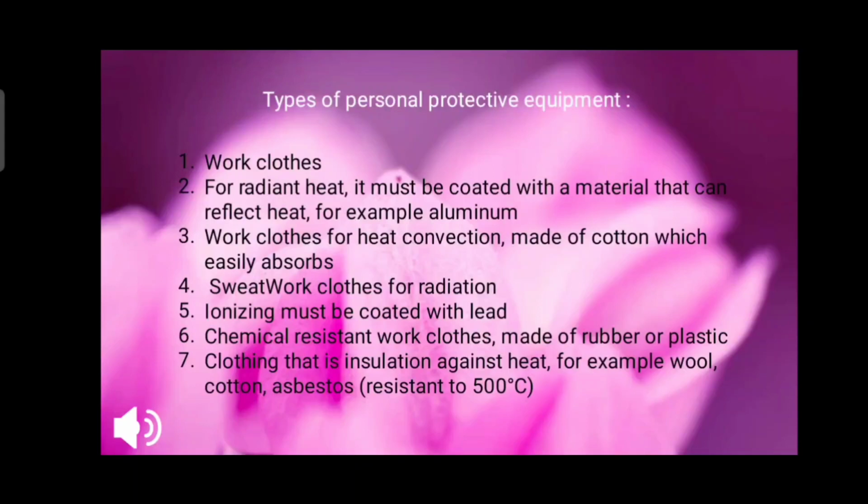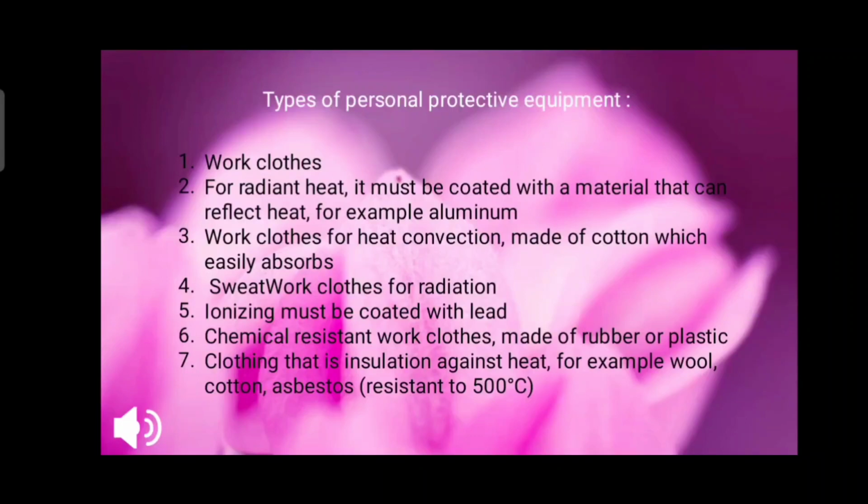There are several kinds of personal protective equipment, including the following types: 1. Work clothes. 2. For radiant heat, they must be coated with a material that can reflect heat, for example aluminum. 3. Work clothes for heat convection, made of cotton which easily absorbs sweat. 4.